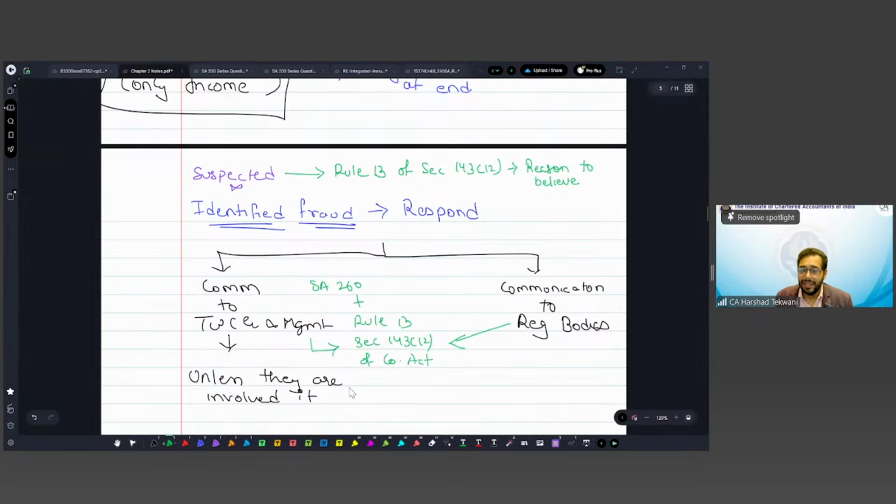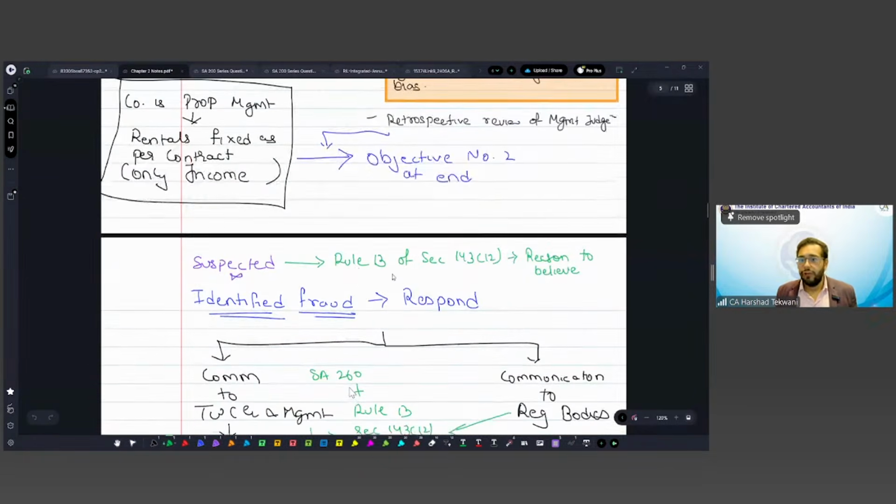This is when you are saying that you achieved the objective number 2. But when you are not able to achieve objective number 2, then we have to withdraw from the engagement if unable to obtain. Yes, simple. So if you are not able to achieve objective number 2, withdraw from engagement.